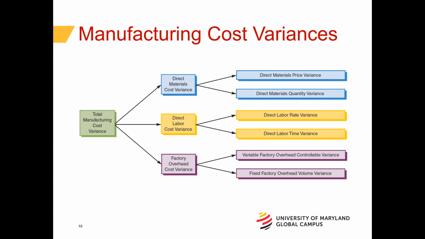The cost variances for direct materials are broken out by price and quantity variances. For labor, it's broken out by the rate and time. For factory overhead, the variance is broken out by controllable variance and fixed volume variance.